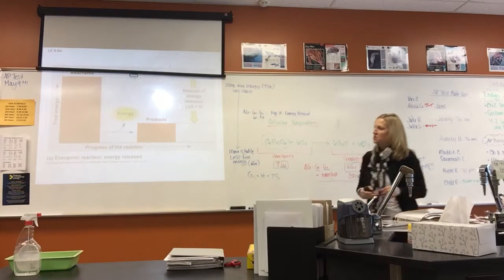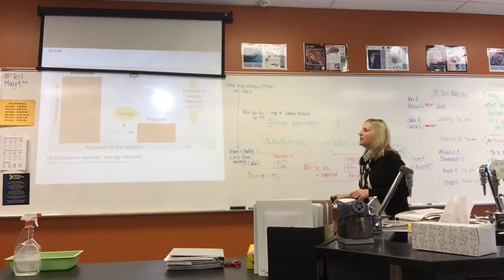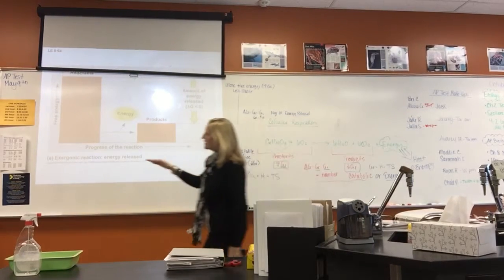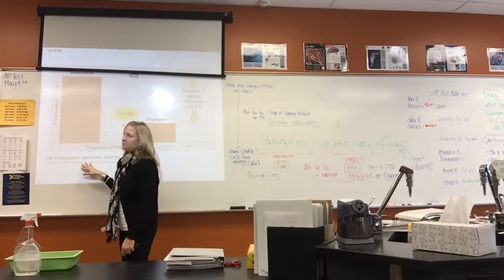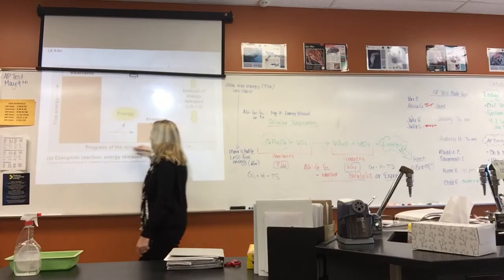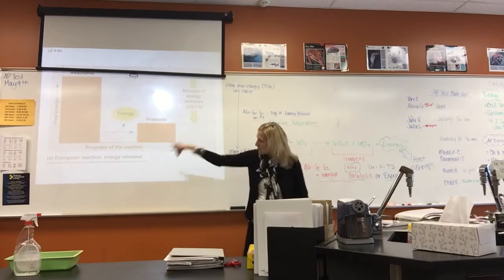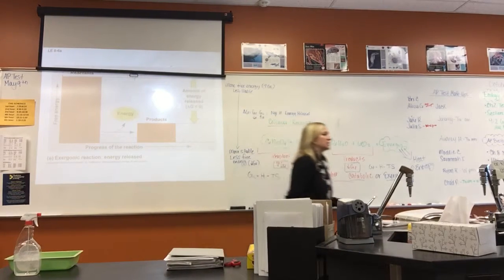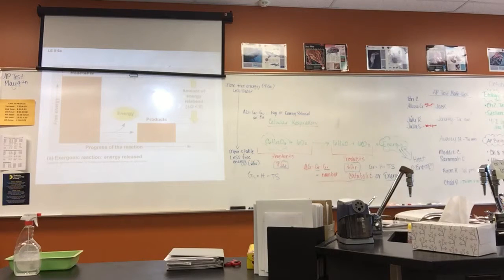So we have this picture here, this graph, and it's titled A, Exergonic Reaction. What we're looking at here is the free energy, and this is the progress of the reaction. Can somebody tell me, if it did not label that this is an exergonic reaction, what gives it away in the graph?